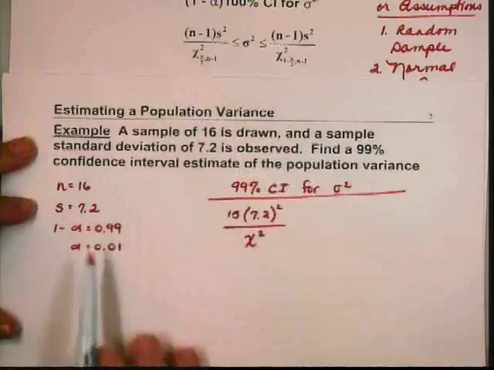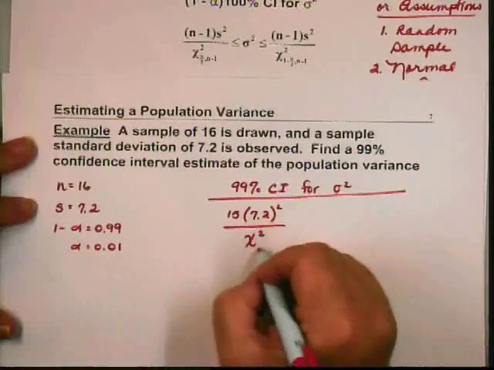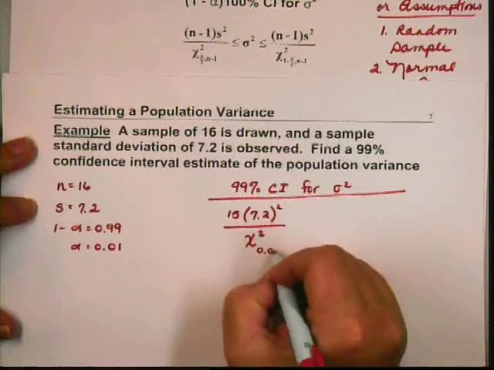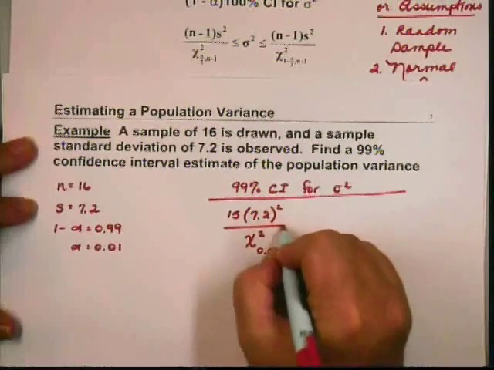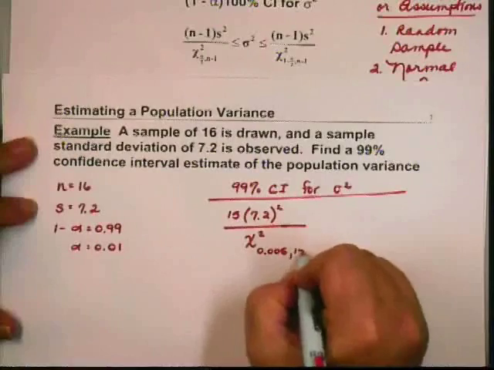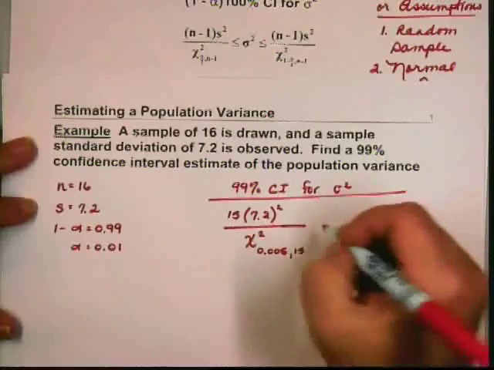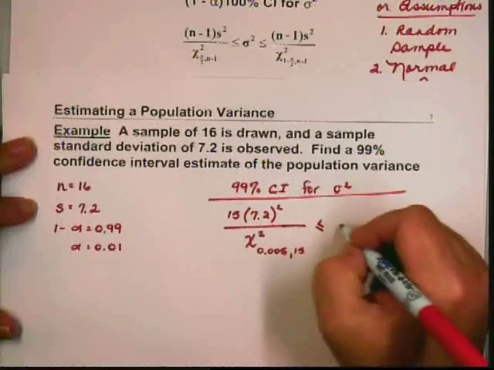Alpha over 2, and alpha is 0.01, so this would be 0.005, and how many degrees of freedom? 15. Less than or equal to, or you can just write strict inequalities here.